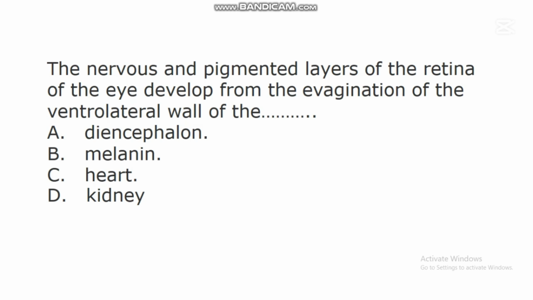In this question, the correct answer is A. Diencephalon. Research has shown in neurology that the nervous and pigmented layers of the retina of the eye develop from the invagination of the ventrolateral wall of this brain region called diencephalon.